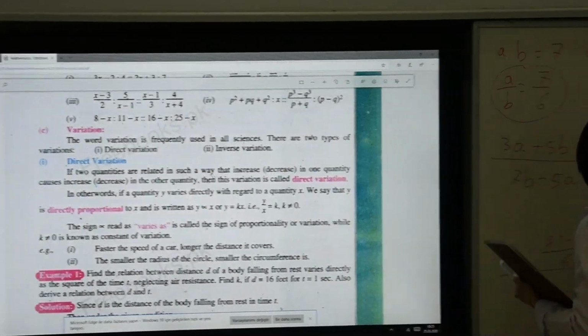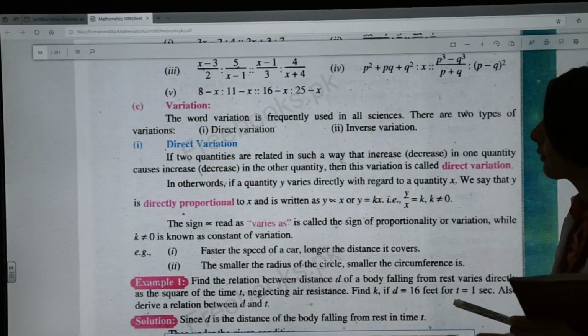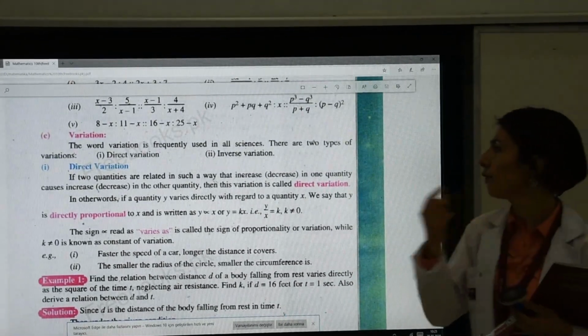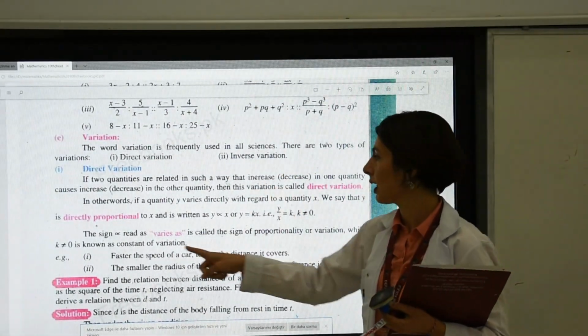And the sign that we can use to tell that 2 variations are in a direct variation is this.